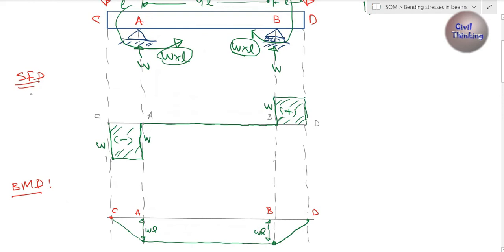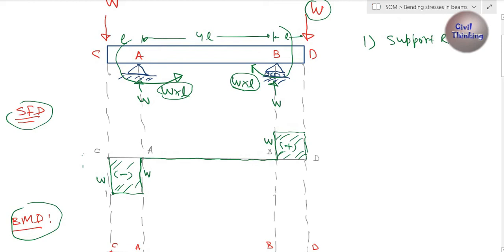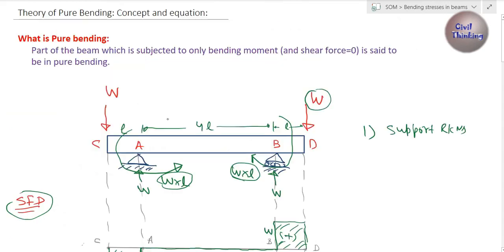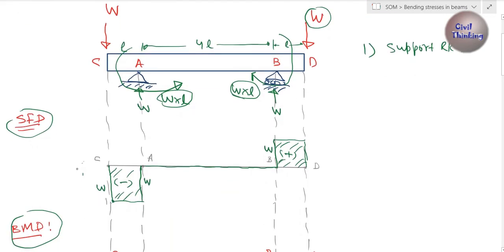now look at the shear force diagram and bending moment diagram together. See, let's compare different parts of this beam, and we have to see which section is in pure bending. I mean to say which section has only moment and zero shear force, and which section has both.